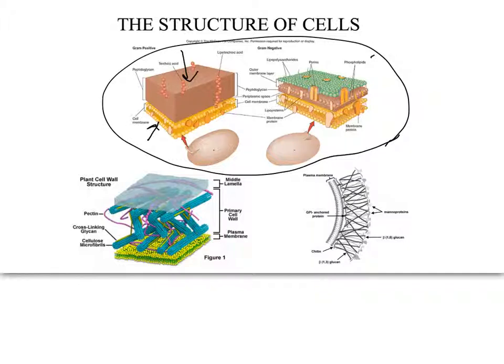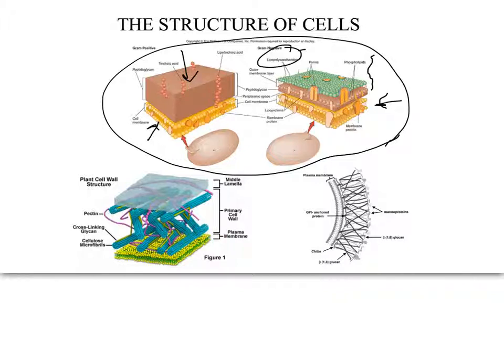There are two different kinds of bacteria, and we categorize them by what's found in the cell wall. Gram-positive have a thick peptidoglycan layer, whereas gram-negative have a lipopolysaccharide layer. And here's the membrane. That's what I want you to get.